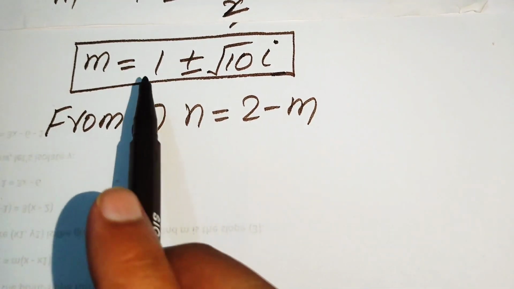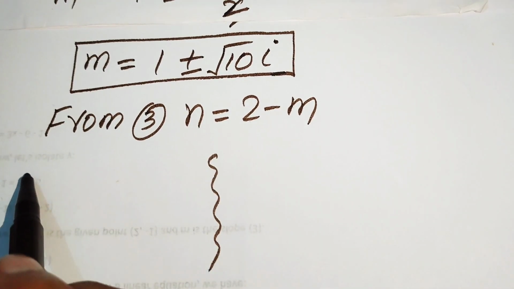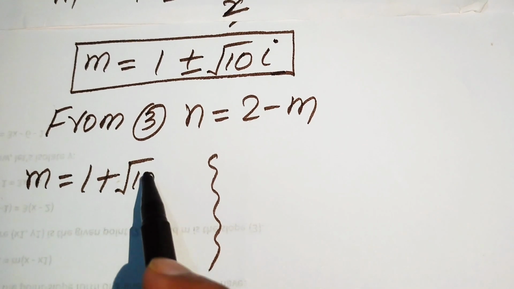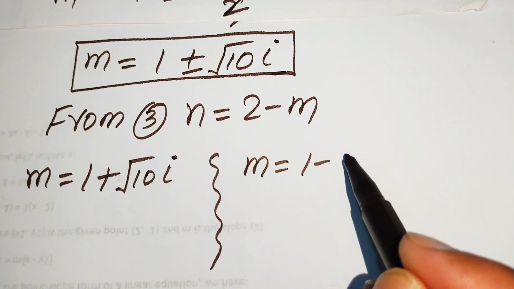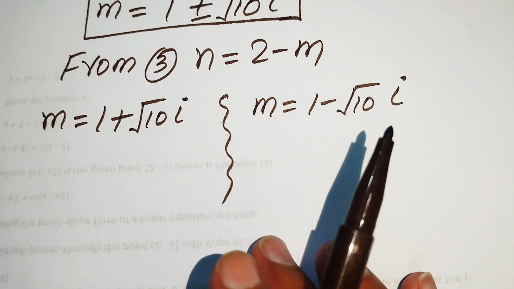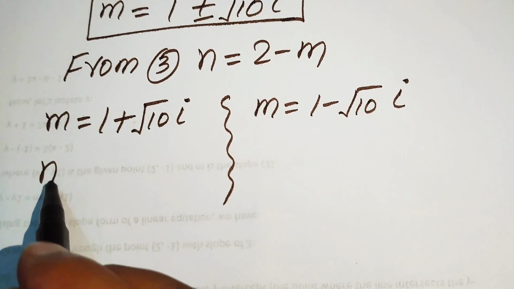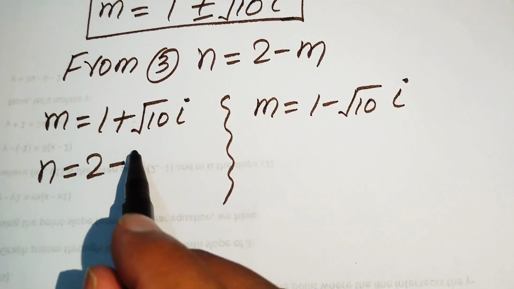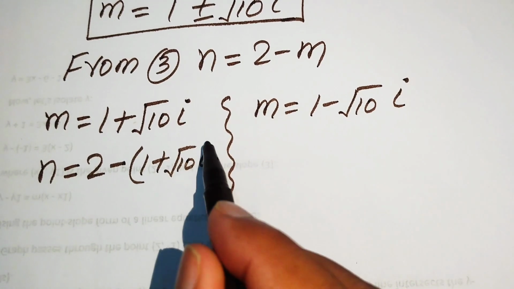This is equation number 3, and we put these two values separately in this equation. Here we write the positive value of m, it is 1 plus square root of 10 iota, and here we write the negative value, it is 1 minus square root of 10 iota. So now first we put this value of m in this equation, and it is written as n equals 2 minus m, and the value of m in this case is 1 plus square root of 10 iota.